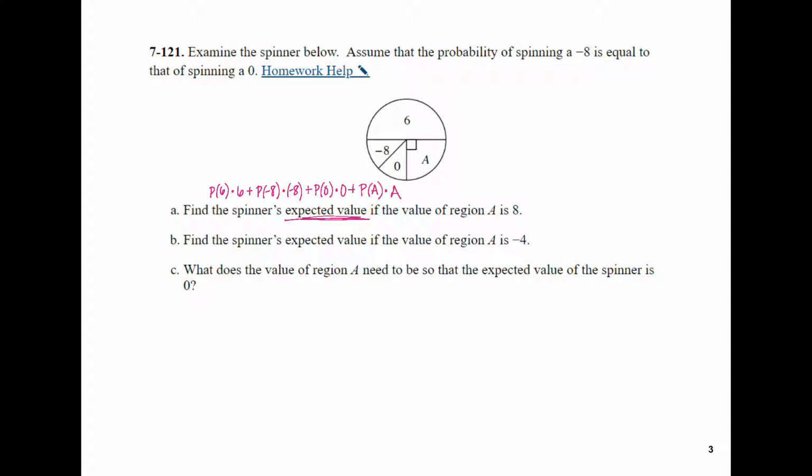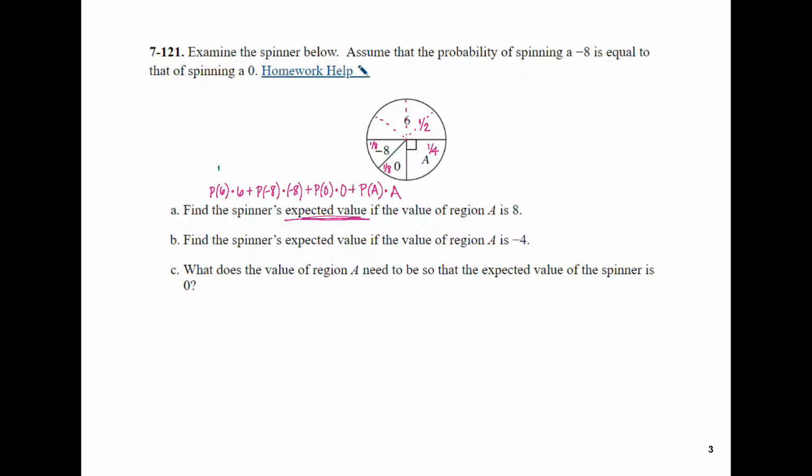So when we look at probability, there is a 50% chance, so a 1/2 chance of spinning a 6. If we divided this circle into 8 even sections, the probability of spinning a -8 would be 1/8. The probability of spinning a 0 would be 1/8, and the probability of spinning section A would be 1/4. So in example A, the probability of spinning a 6 we said was 1/2.